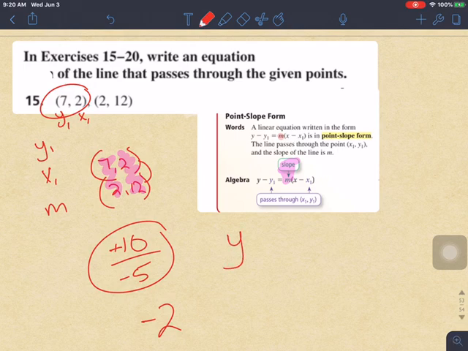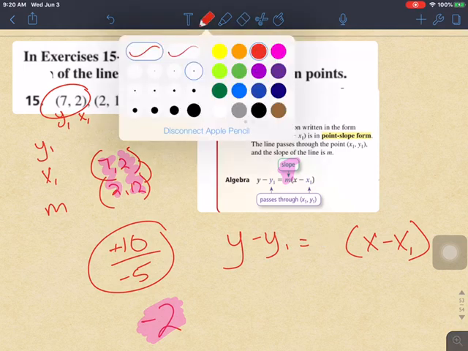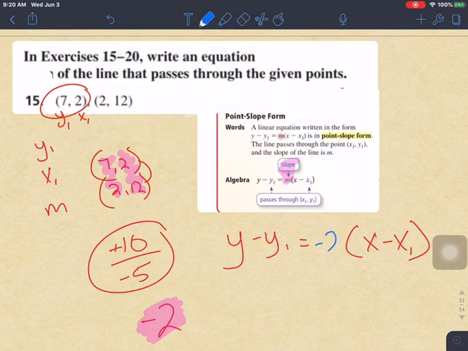Point-slope form is y minus y sub 1 equals the slope, m, times x minus x sub 1. All we've got to do is plug these values in. There is your m right there, so m is -2. That number goes there. And the x sub 1 and the y sub 1, okay?